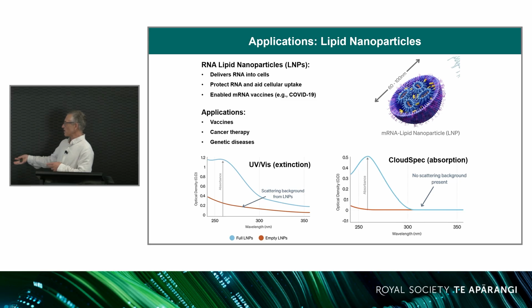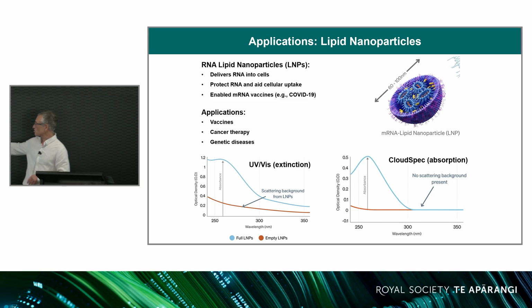But it just happens that our instrument was the perfect instrument for this, because normally, when you measure RNA, you would use this sort of optical spectroscopy, and you get a quick measurement of the concentration. But those nanoparticles interfere with the measurement. You can see here they create this white background that prevents you from measuring RNA accurately.